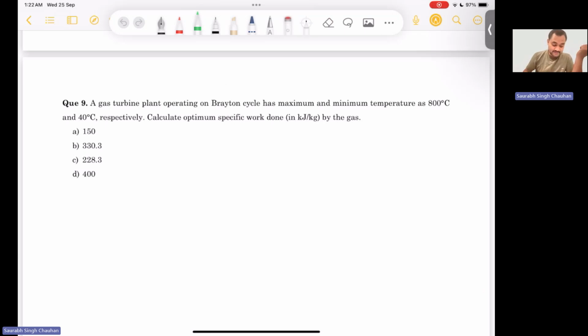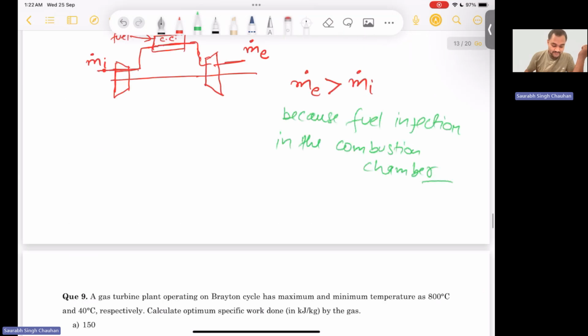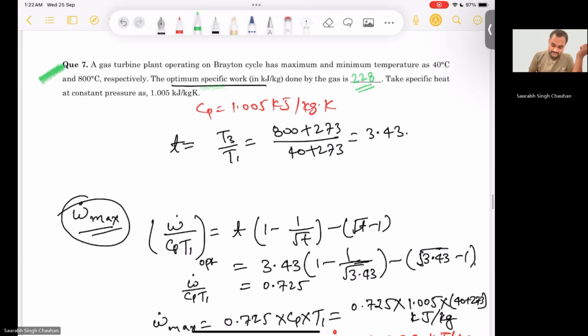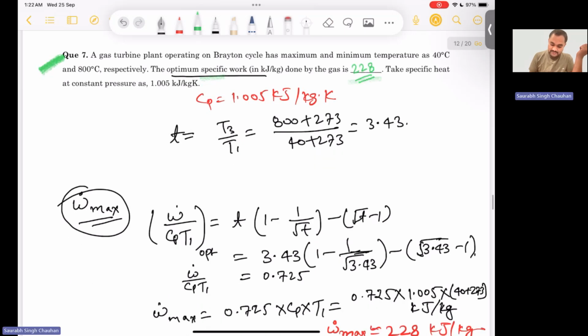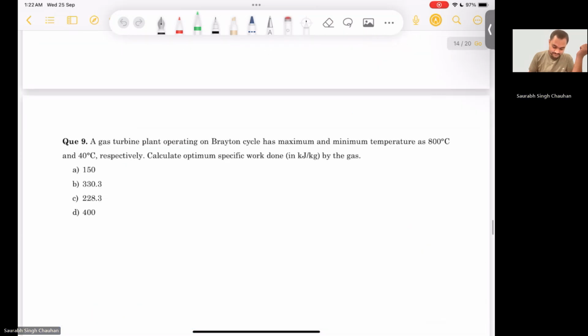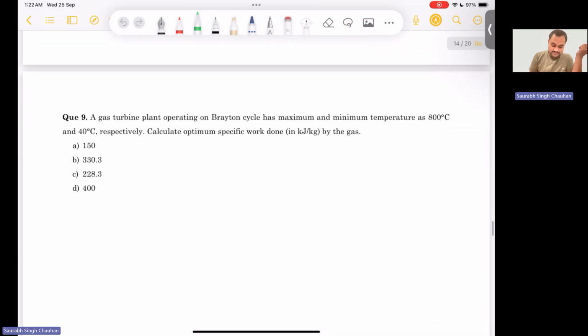So this is the repeated question. We have already solved this question, right? Yes, it is same as question number 7. We had calculated the specific work, and in question number 9 also we have to calculate the optimum specific work.